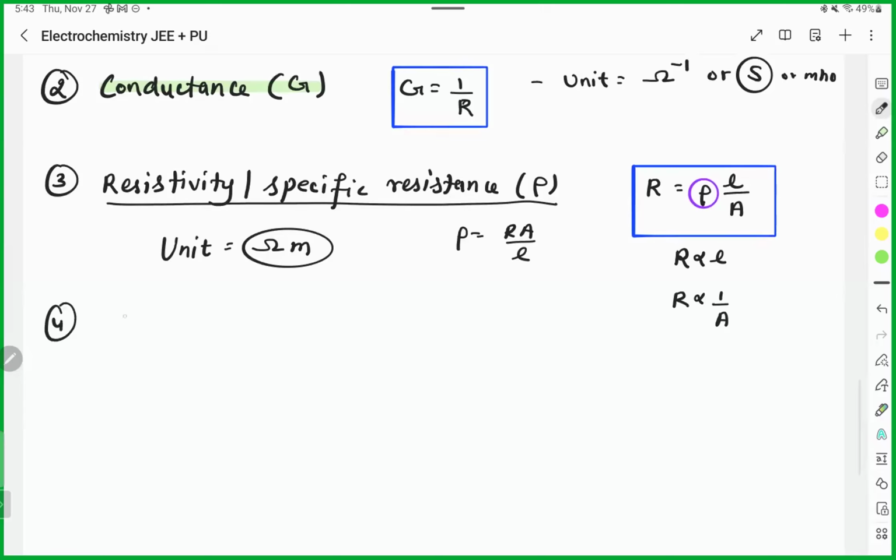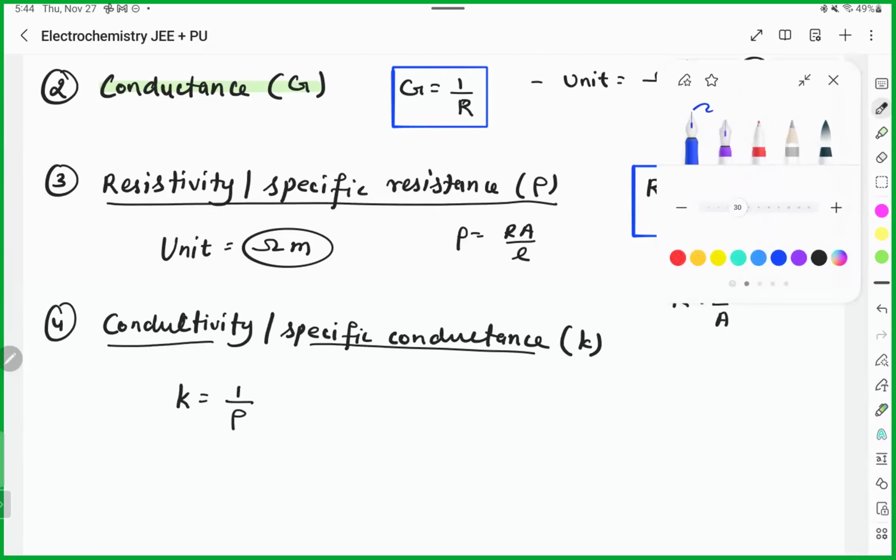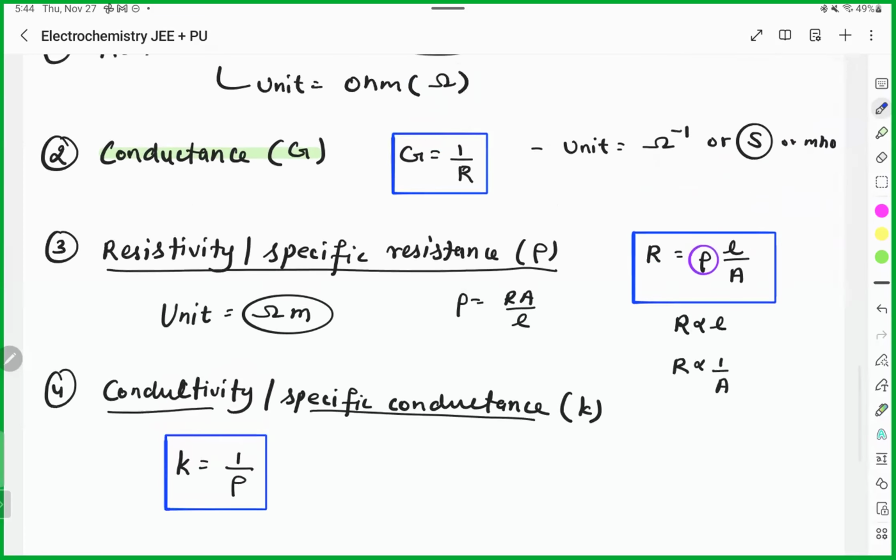Fourth, you have conductivity, also known as specific conductance. What should be its value, Chinmay? Specific conductance in terms of resistivity is, sir, 1 by rho.